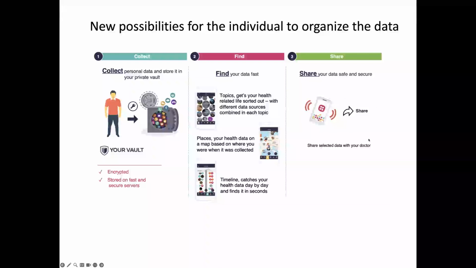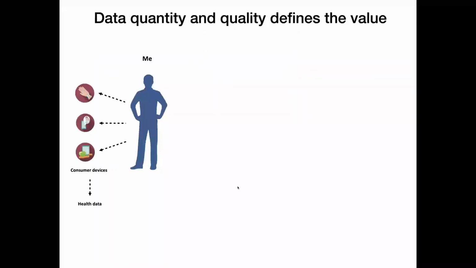And you can share it also. And this is a bigger part and will take a longer time. But you could also import algorithms to use in your vault without the data leaving, which I think will be a big thing.